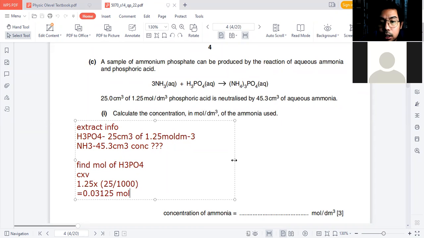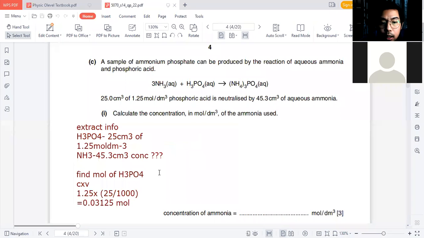Now next I have to find the mole of ammonia, NH3, using the mole ratio.